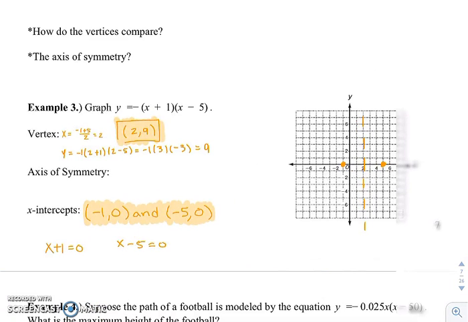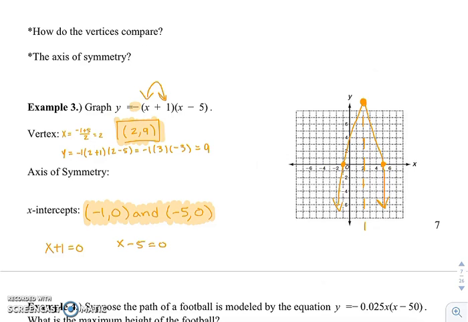And remember, if you know the concavity of your graph, it helps with knowing if you're plotting your points correctly. So yes, 9 is off the graph a little bit. But because of the negative a value, that negative in the front, I do know that my graph should open down.